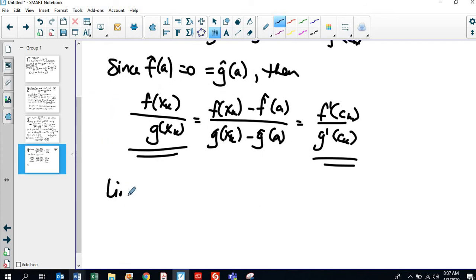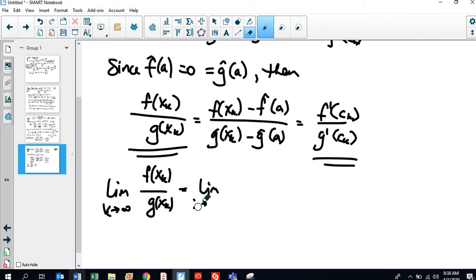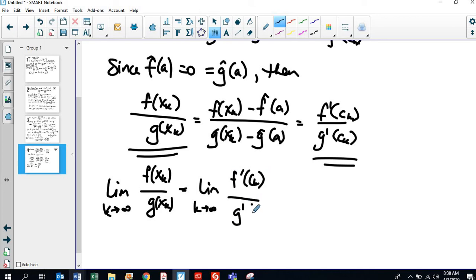So the limit as k goes to infinity of f of xk over g of xk has to be the limit as k approaches infinity of f prime of ck over g prime of ck, obviously, if they exist.